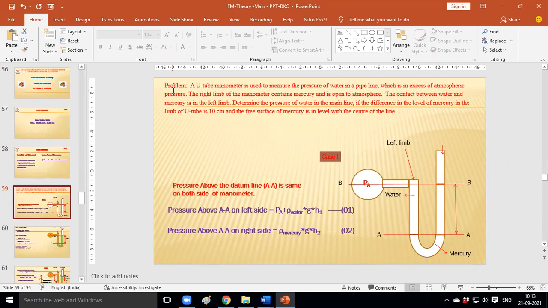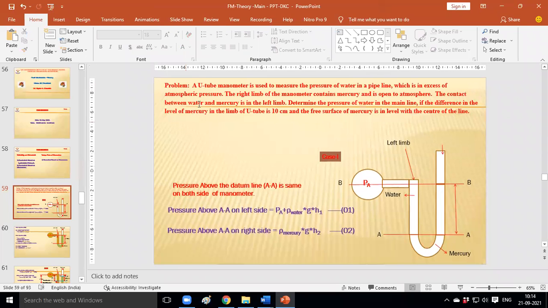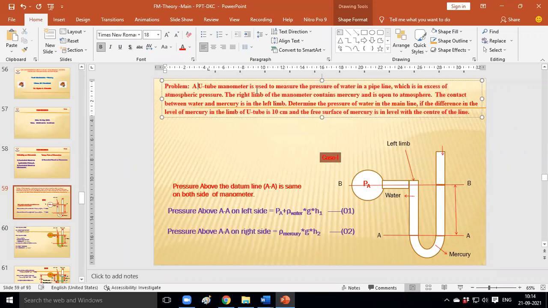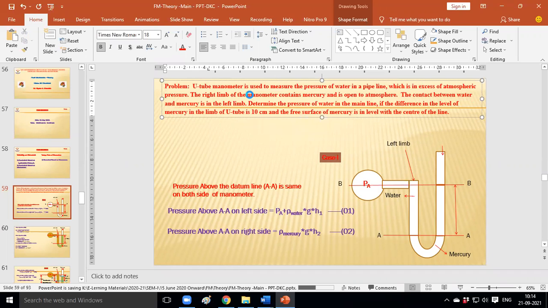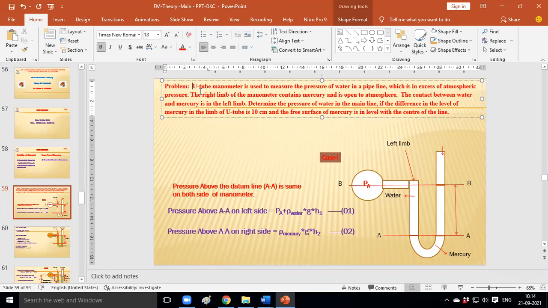Yes, sir. The numerical is mentioned here. The U-tube manometer is used to measure the pressure of water in a pipeline, and which is in excess of atmospheric pressure.